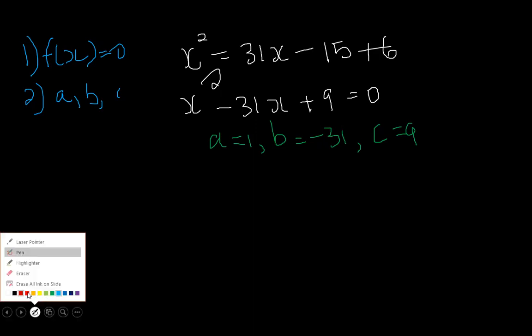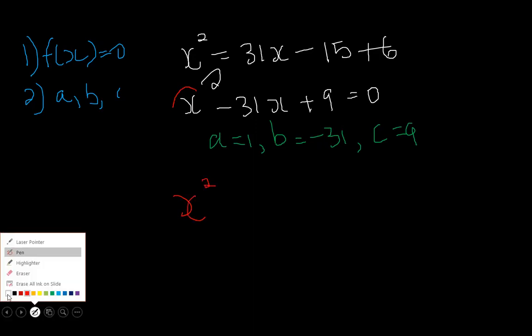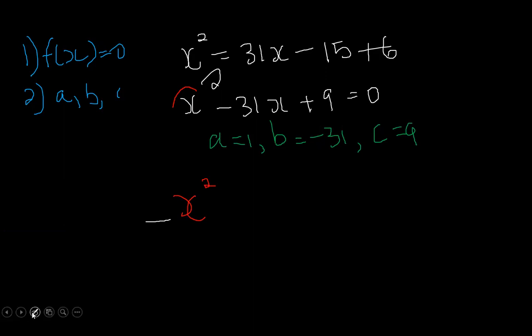Keep asking me questions. I like questions. You see x squared? Actually, let me write it down. Whatever number you see coming before x squared, that's your A. So say I have 2x squared. What's A in this case?